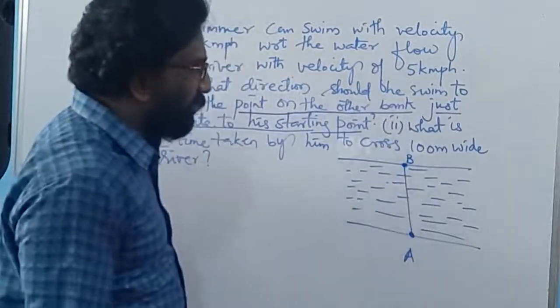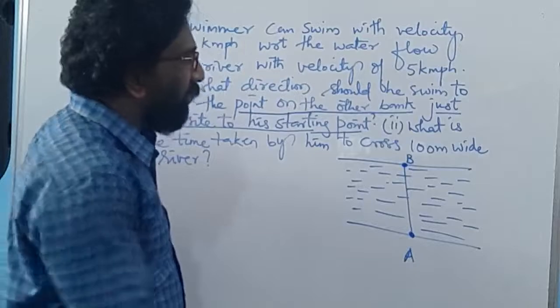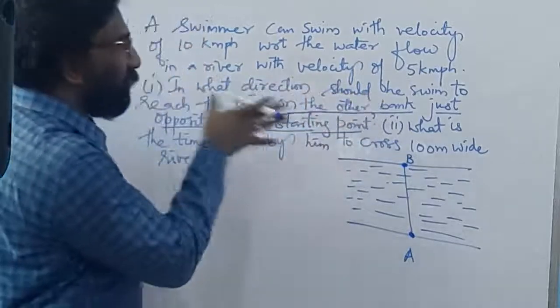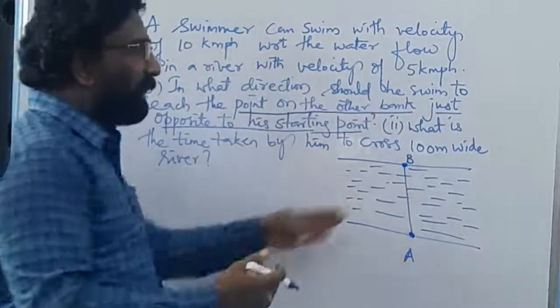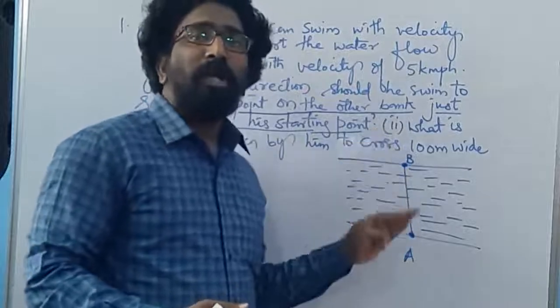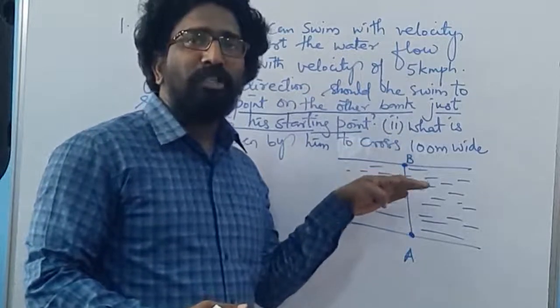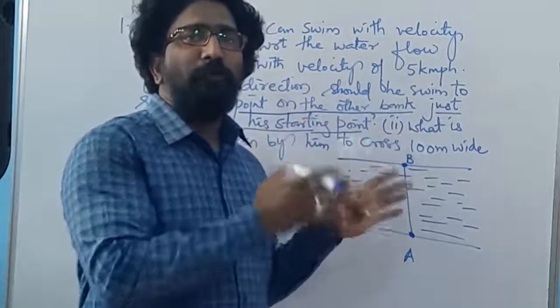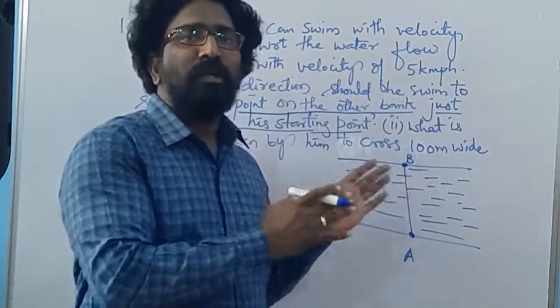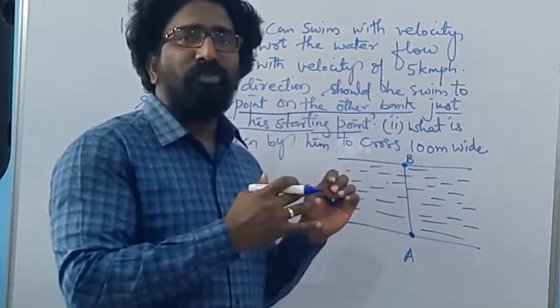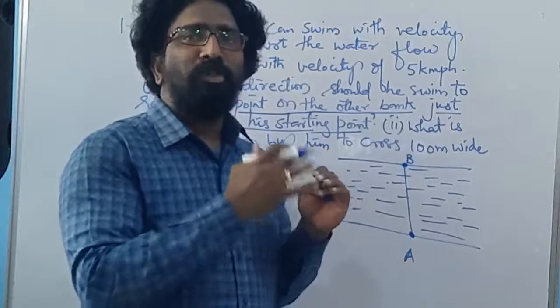This has to be my distance. But what is mentioned is in what direction he should swim such that he will be crossing the point B exactly opposite to him. Means we are trying to deal with a problem related to the shortest path.